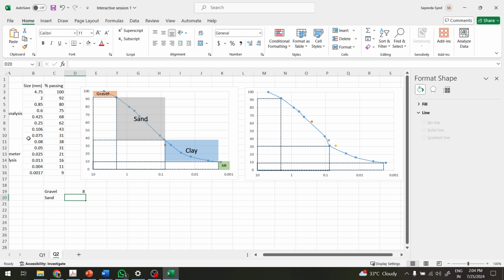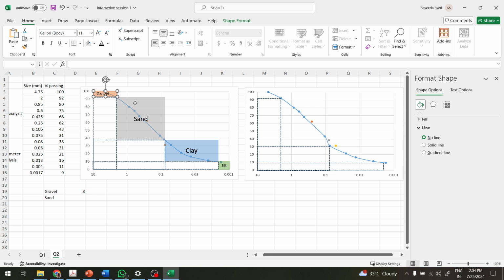let us assume that we have taken this chart here. I can transfer this also there. The gravel will be the same. Sand will be a little different. Don't worry about this.